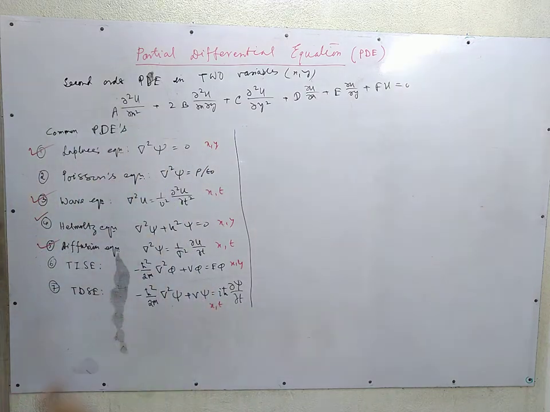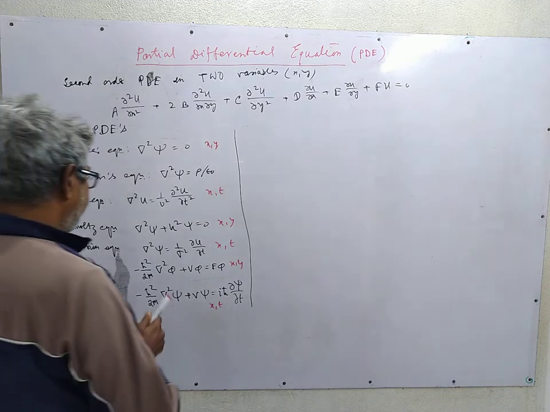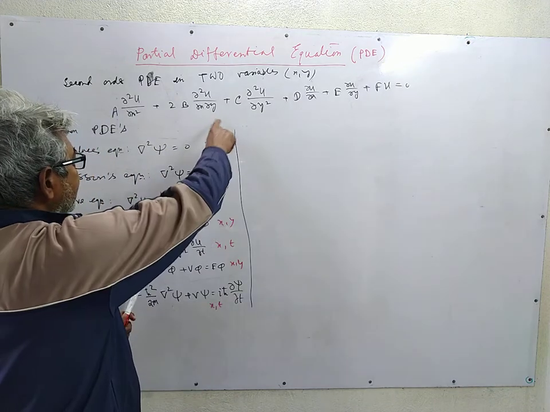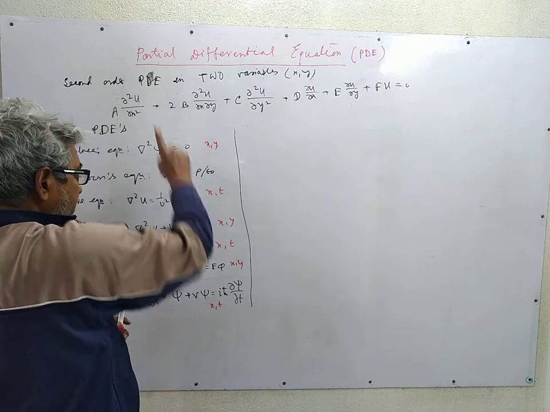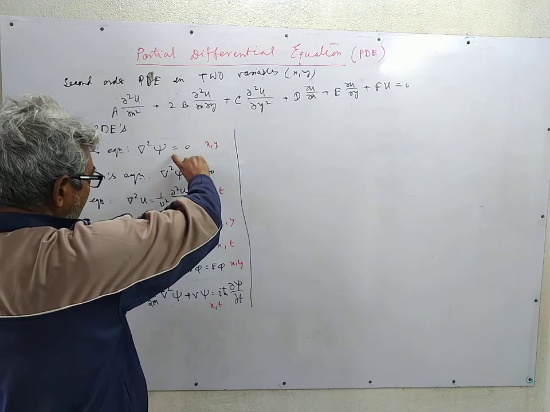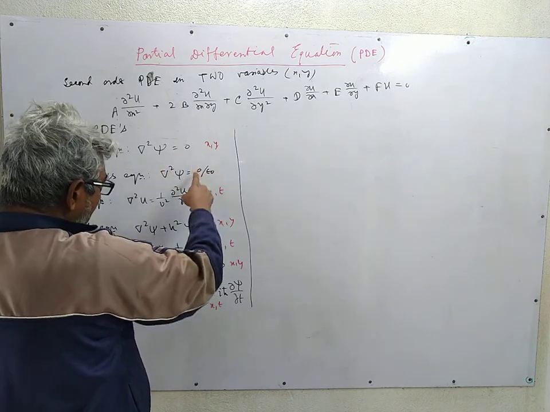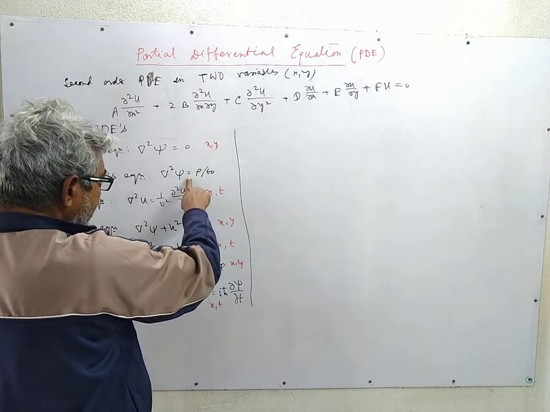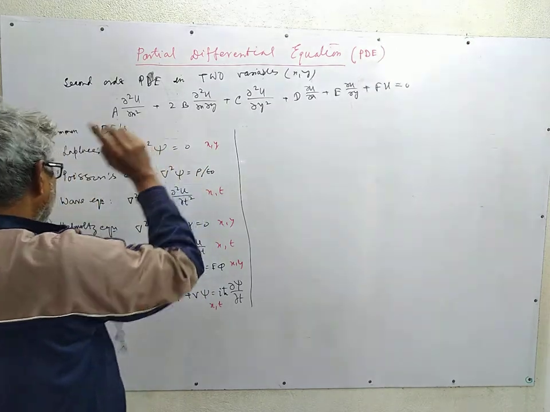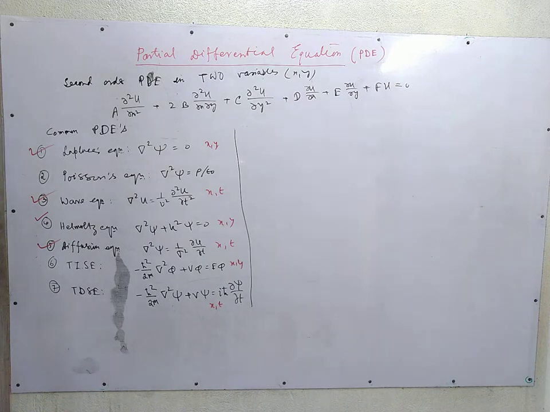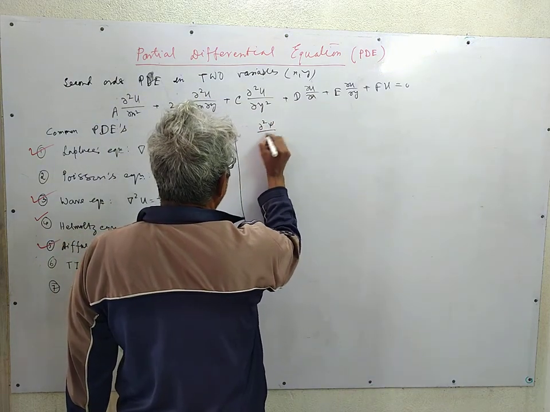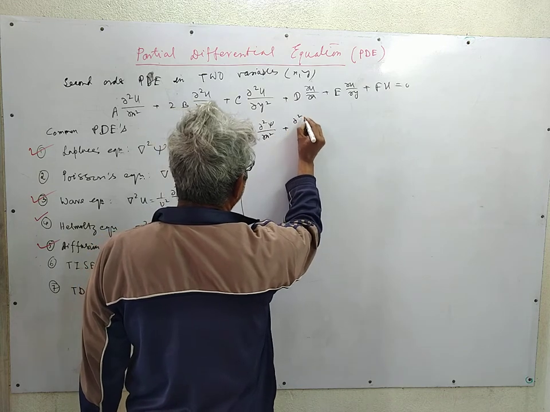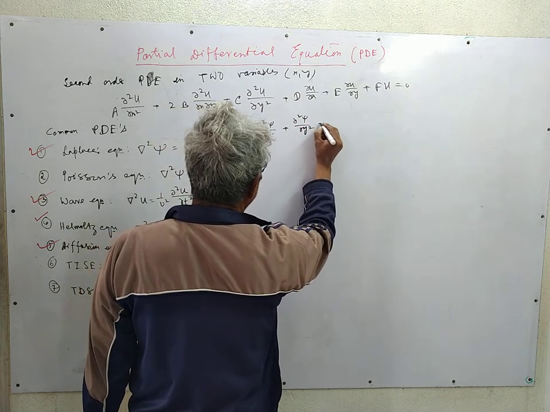Because the classification of partial differential equation that we have presented here is applicable for two variables only. These two equations, this is just an inhomogeneous differential equation, and the corresponding homogeneous part is the Laplace equation. Now this equation in two dimensions becomes del 2 psi del x2 plus del 2 psi del y2 is equal to 0.